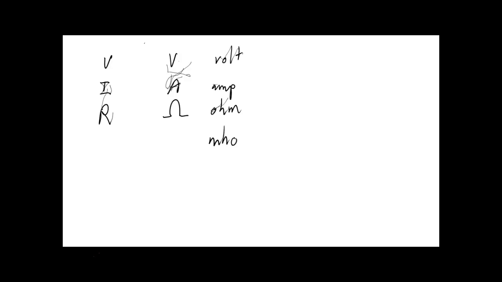Good try, but no. They use that for something else. Here's the symbol for a mho. They just inverted an omega. That's not a symbol in anybody's alphabet, okay? They just inverted an omega. So physicists are kind of nuts, you know. I'm a physicist. Okay. All right, but anyway, that has nothing to do with what we're doing, okay?